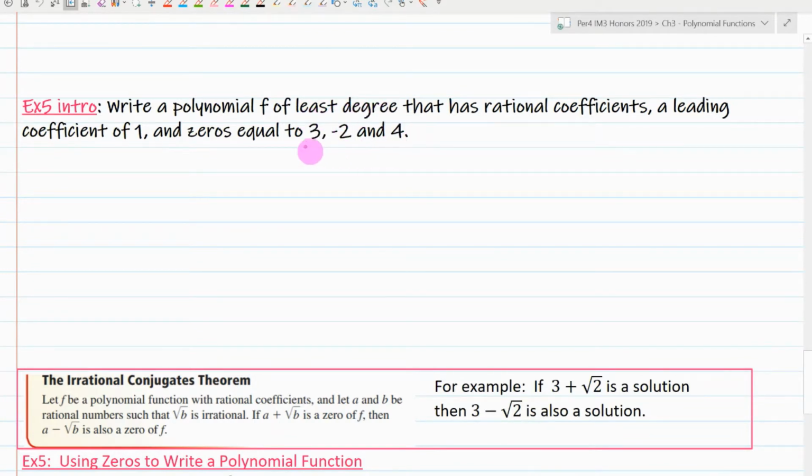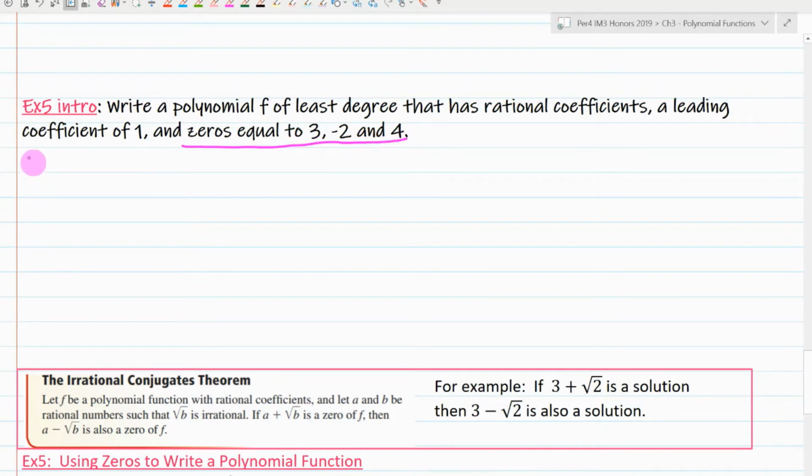So they're basically saying give us the basic one that has a leading coefficient of 1, because there are many equations that have zeros of 3, -2, and 4, but we're going to write the basic one that just has a leading coefficient of 1, so we don't have to worry about any of the other stuff in front of that.